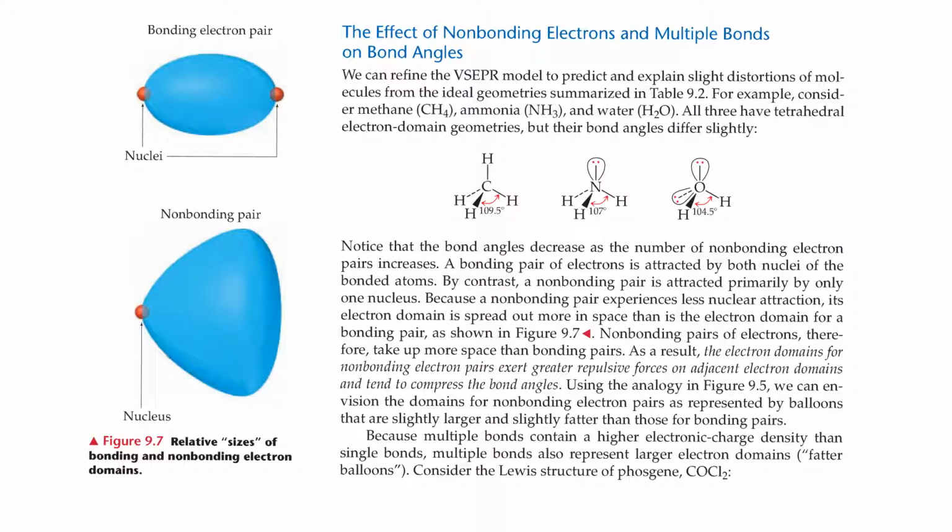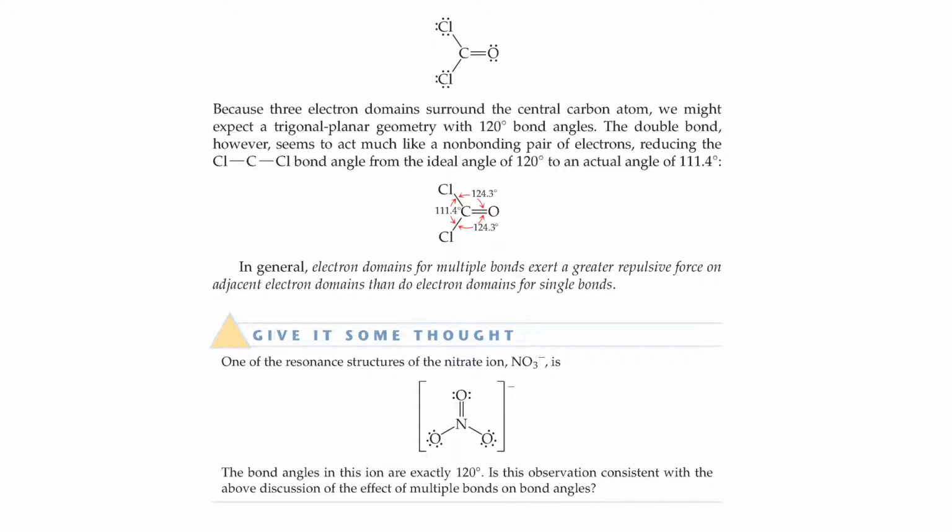Because multiple bonds contain higher electron charge density than single bonds, multiple bonds also represent larger electron domains, fatter balloons. Consider the Lewis structure of phosgene, COCl2. Because 3 electron domains surround the central carbon atom, we might expect a trigonal planar geometry with 120° bond angles.